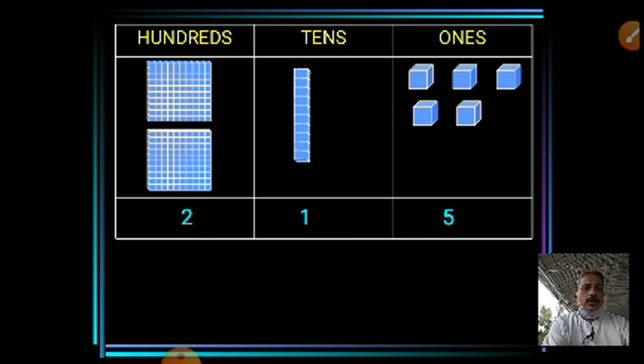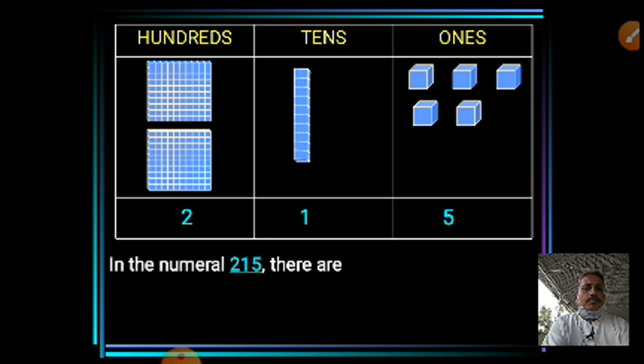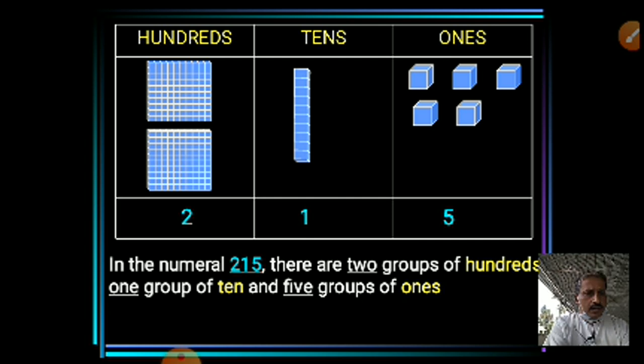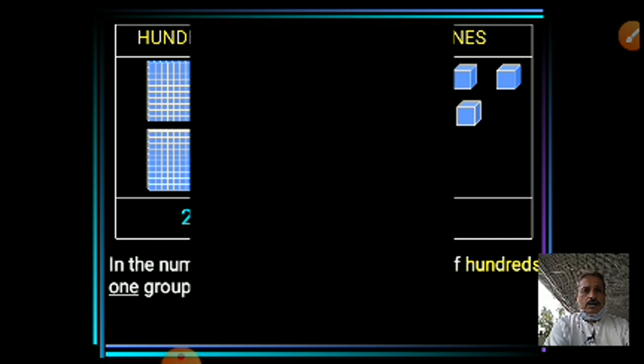Good. Let's move further. In the numeral 215, there are 2 groups of hundreds, 1 group of 10 and 5 groups of 1. Okay beta? Okay, let's move further.